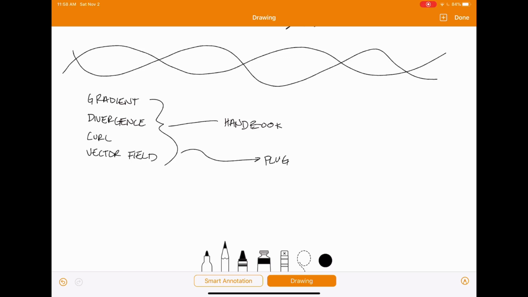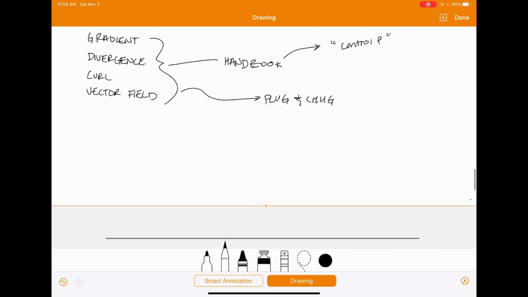So plug numbers in and find an answer to any of those. We're not going to go over them, but if by chance they did show up on your exam, make sure you can use Control F and find those equations and be able to plug some numbers in there and find the answer.